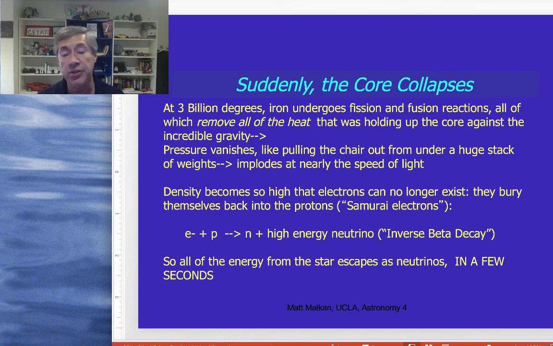For those few seconds, the amount of energy, and then it's going to try to escape from this star. And neutrinos are pretty good at escaping, but they're going to have some trouble bouncing around because there's so much stuff above them. You know that they can pretty much go through a light year of lead, but there's much more than the equivalent of a light year of lead above them because the stuff is so dense. So they will bounce around, they'll try to get out, they'll try to escape.